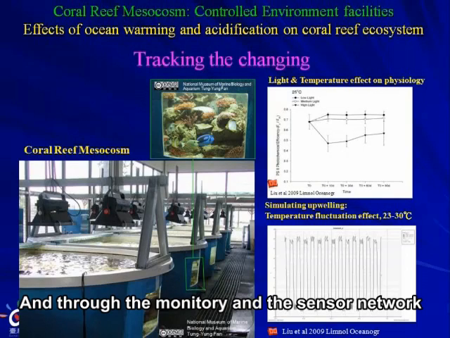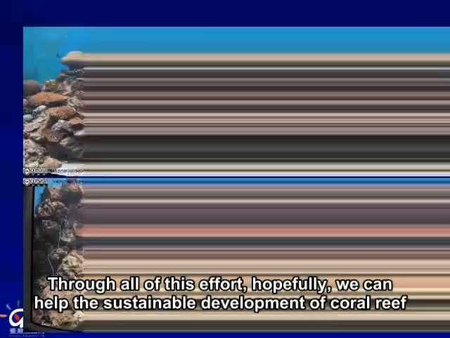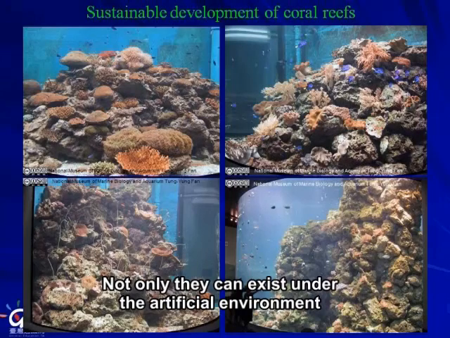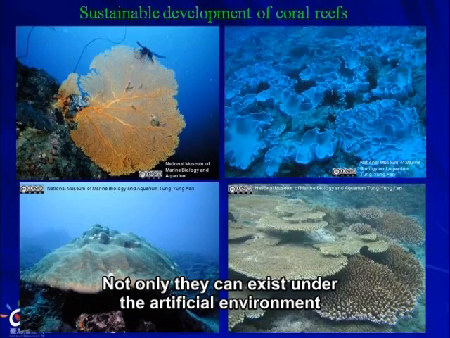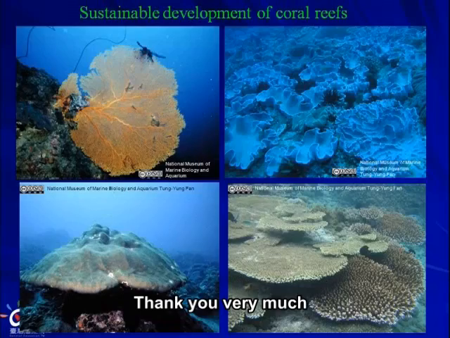And through the monitoring and sensor network, you can check the changes of biological and environmental factors. Through all of this effort, hopefully we can help the sustainable development of coral reefs. Not only can they exist under the artificial environment, most importantly, they can exist in the field forever. Thank you very much.